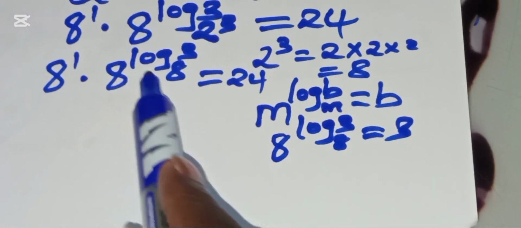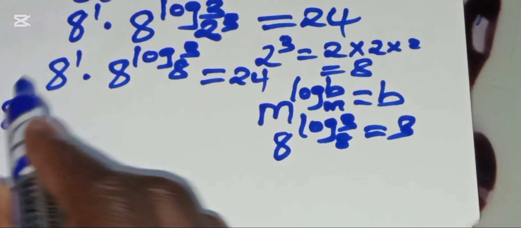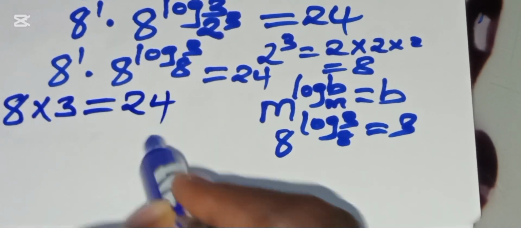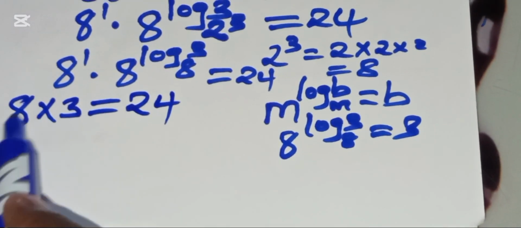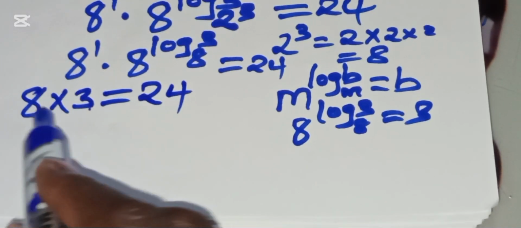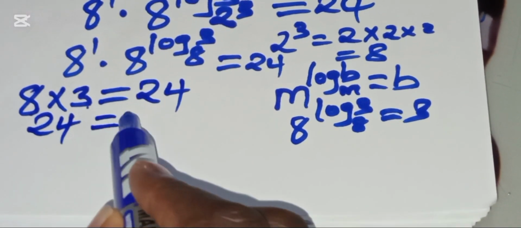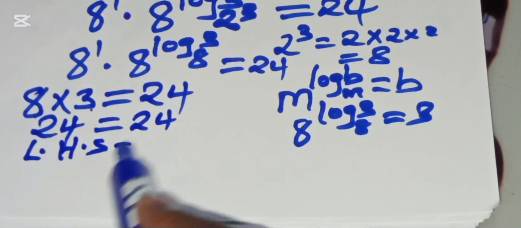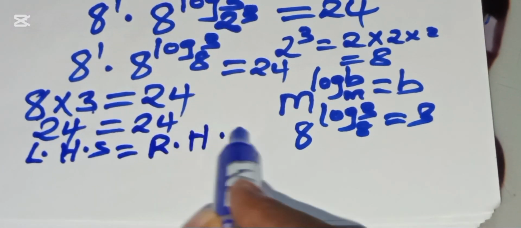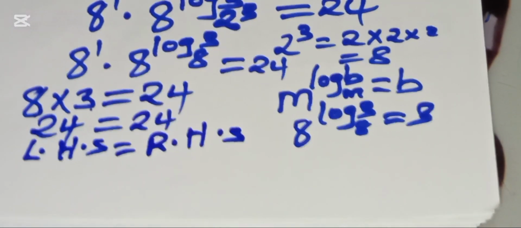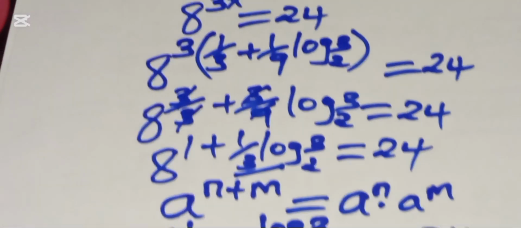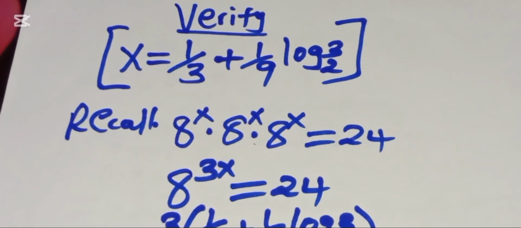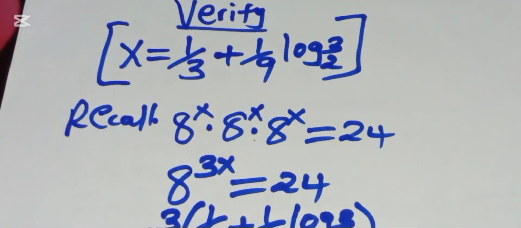Let's substitute 3 here. You're going to have 8 times 3, which is equal to 24. So the left hand side is equal to the right hand side. And that affirms that the value of x, which is a third plus 1 over 9 log 3 to base 2, satisfies the equation.